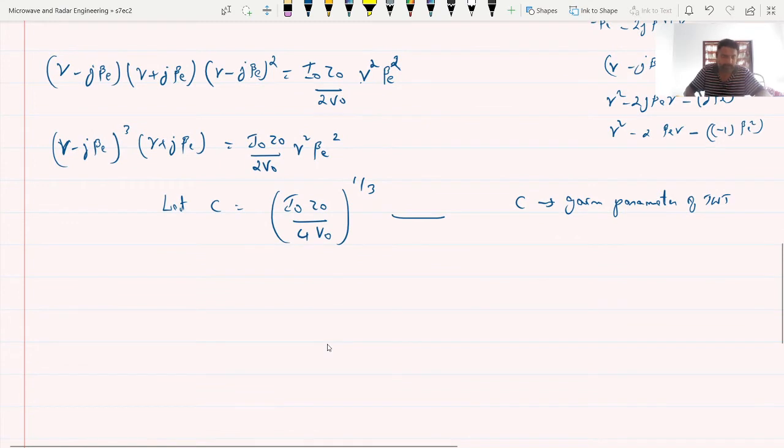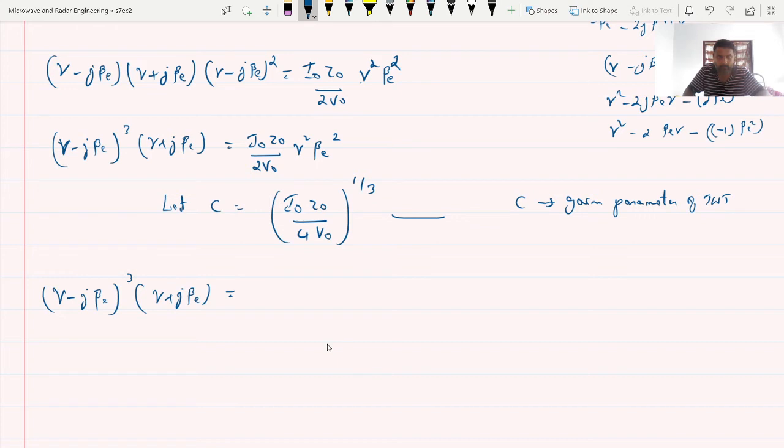So this equation changes to gamma minus j beta e the whole cube into gamma plus j beta e.